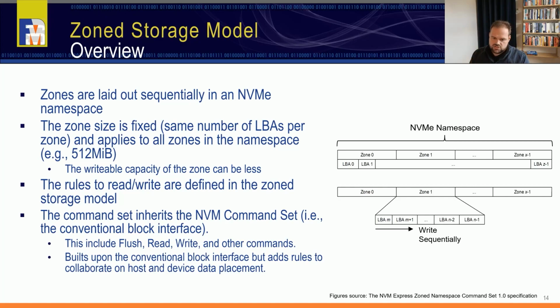And around these zones, there are rules on how you can read and write them. The great part about the ZNS command set is that it builds upon and inherits the commands from the NVM command set. So you can still use your flush command, read command, write command, and so on. It's just that when you write to the media, there are certain rules that you have to respect.